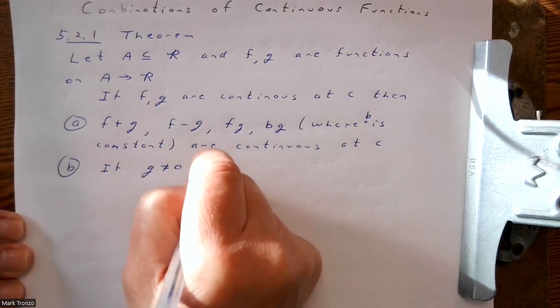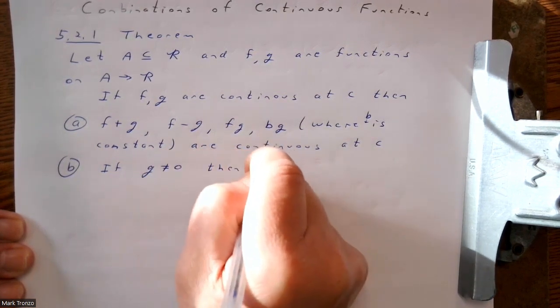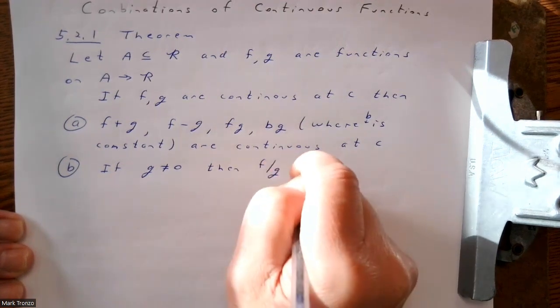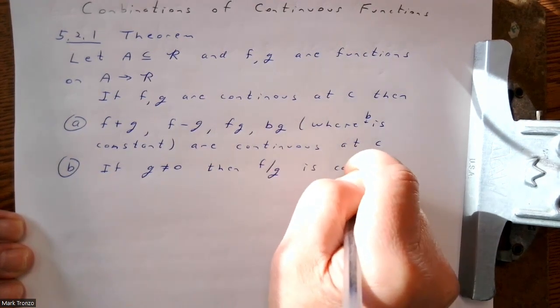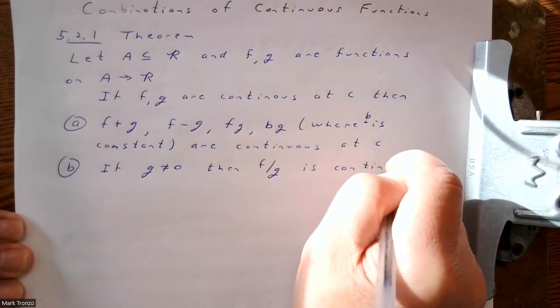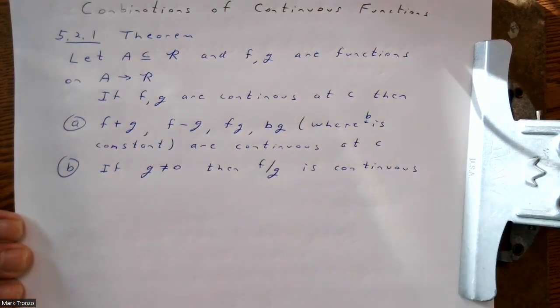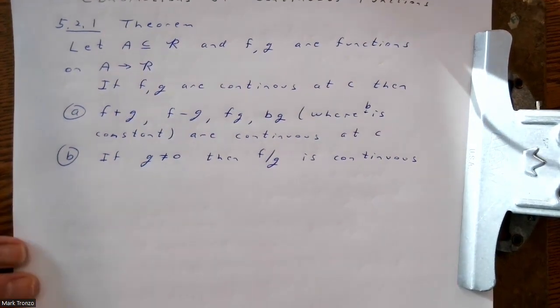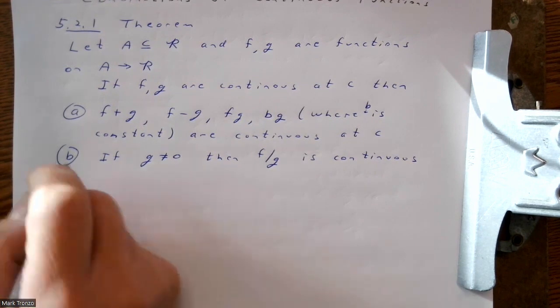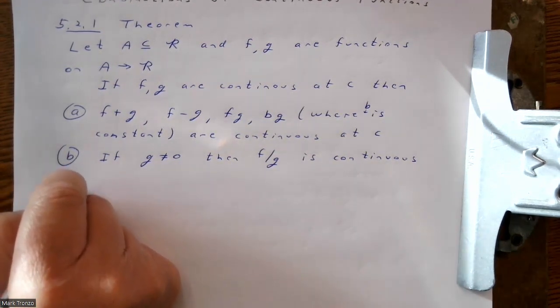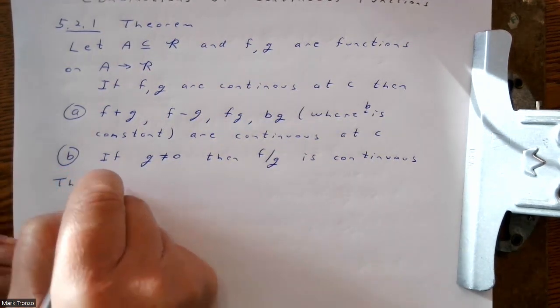If g is not 0, then f divided by g is continuous. So again, I went through that kind of quickly because it's stuff that you've done a lot before.